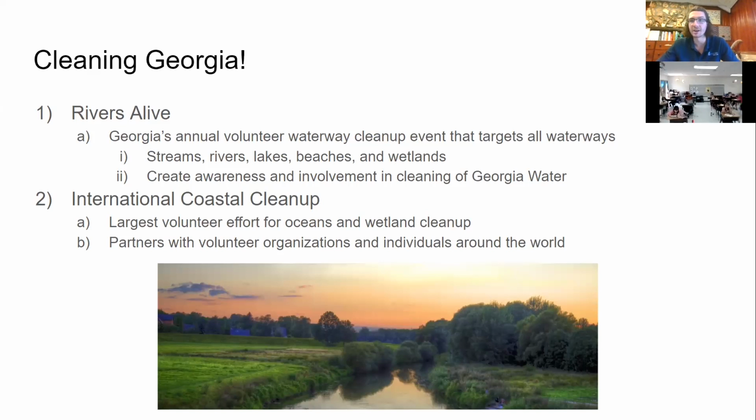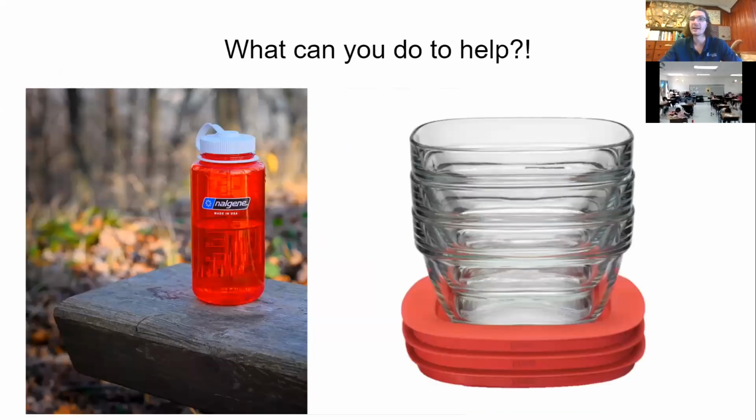So there's some programs called like the International Coastal Cleanup, where every year across the globe, they work with volunteer groups and just individuals and organize these really big trash cleanups. So I hope that's a little bit encouraging, and you guys realize that there's lots of opportunities that people can make efforts to help clean up and recycle, right?